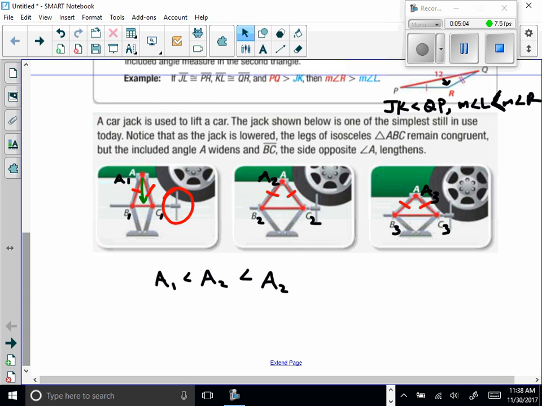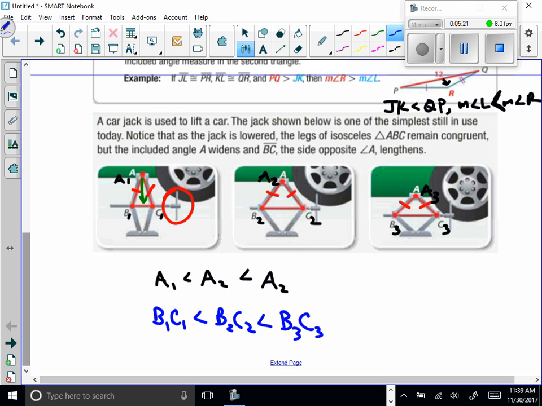So that tells me that segment B1C1 has a length that's less than segment B2C2, and B2C2 is less than B3C3. And so if our sides maintain the length, then as the angle gets larger, the opposite side gets longer.